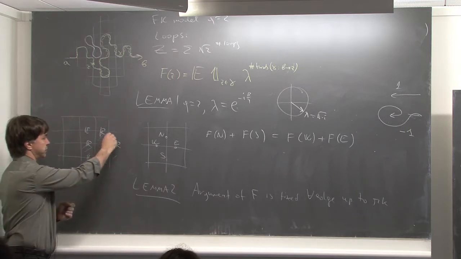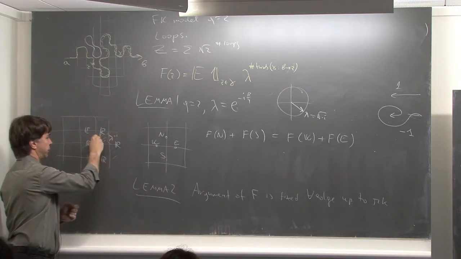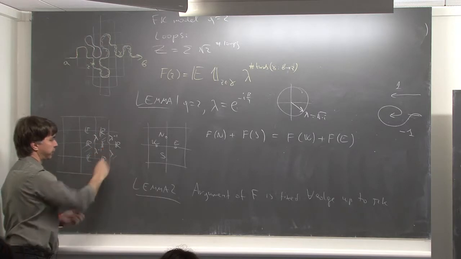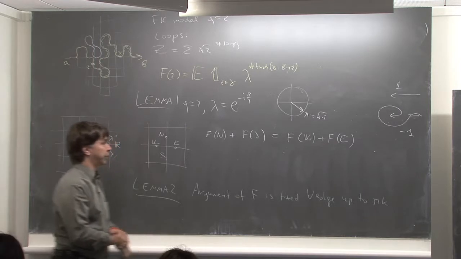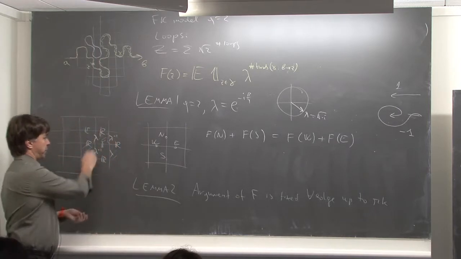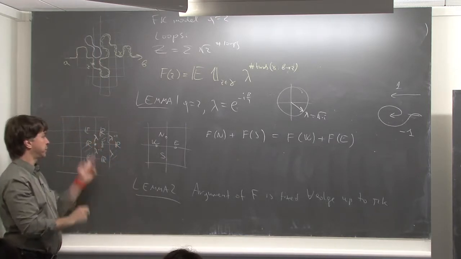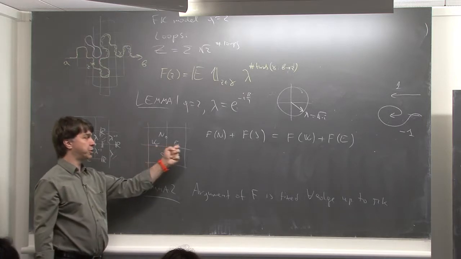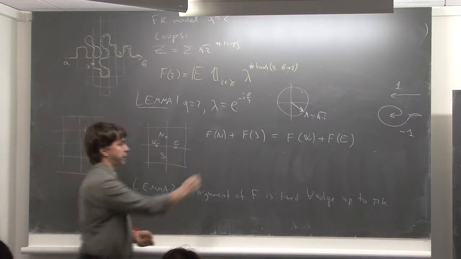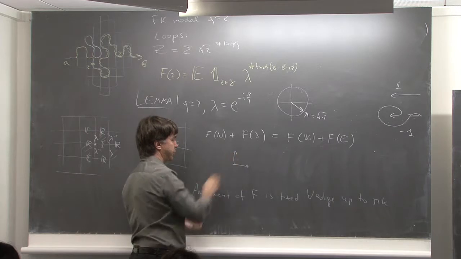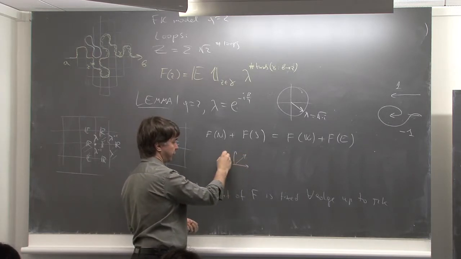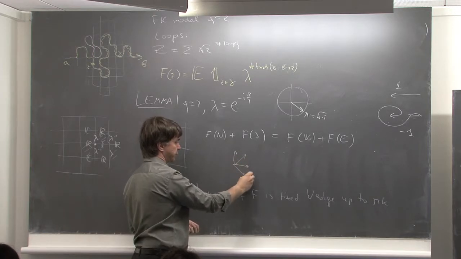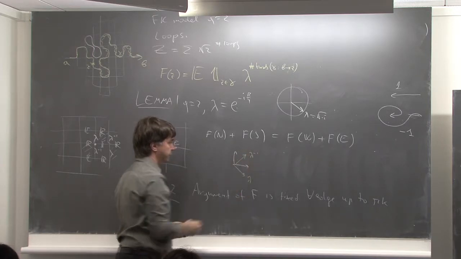And on the other edges it's lambda inverse, lambda inverse, lambda. So for example, if we take this point, then we have real and imaginary numbers which give us a sum which is proportional to lambda and lambda inverse. So this is lambda inverse.